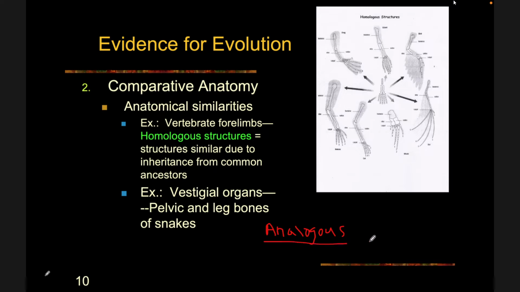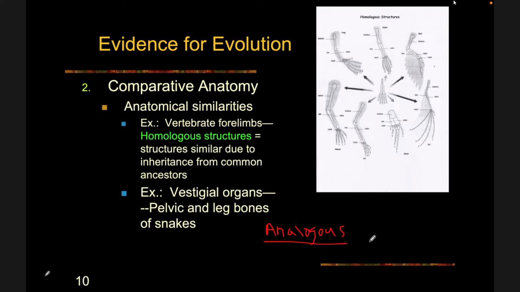I'm jumping a little bit ahead here, but it's still looking at the limb structure, the forelimbs of bats and birds. Is that homologous or is that analogous? It depends on what you're talking about.